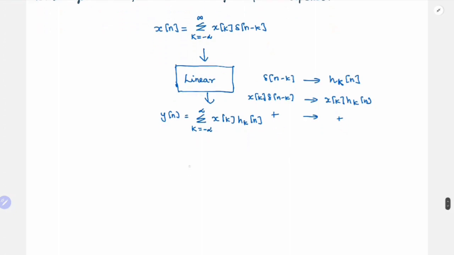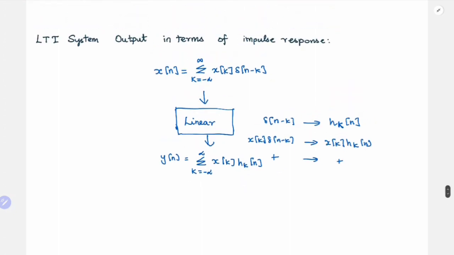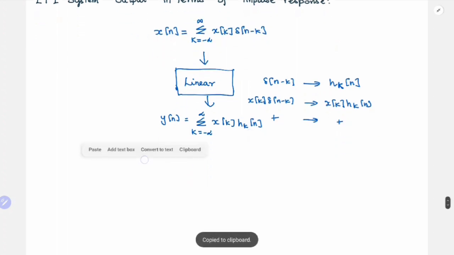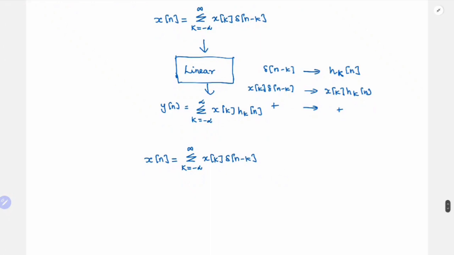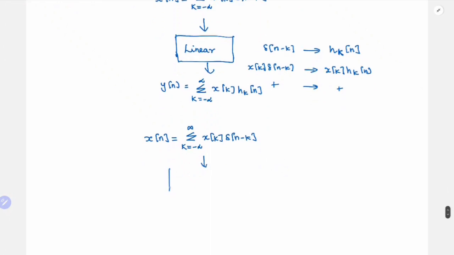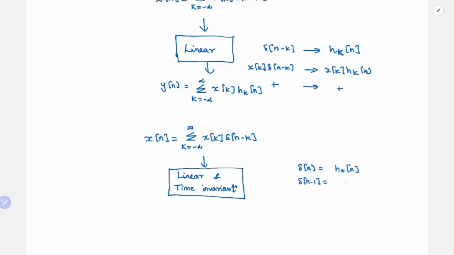Now if I also impose the constraint of time invariance, then what will happen? I'll take the same input. I will say my system is linear and time invariant. So what it means is, if delta of n gives me h_0 of n, then delta of n minus 1 should give me h_0 of n minus 1.